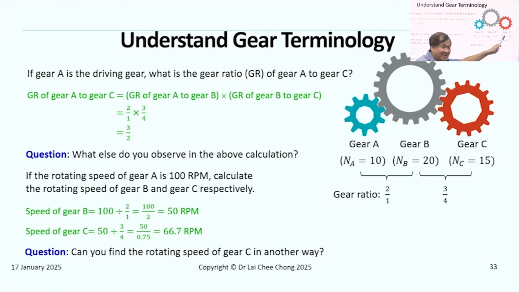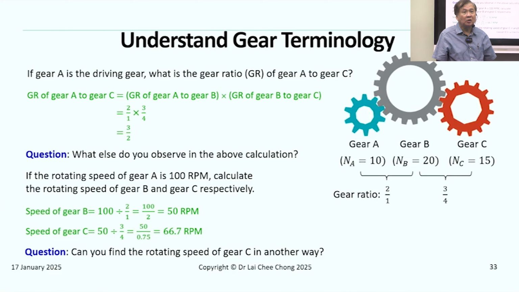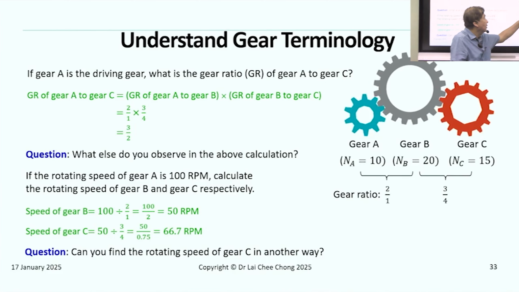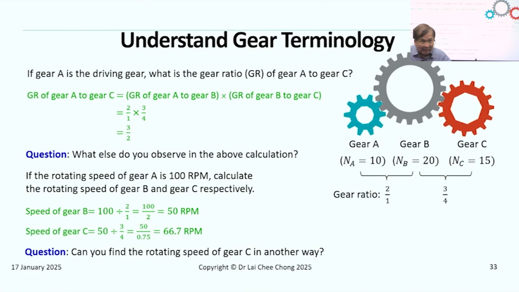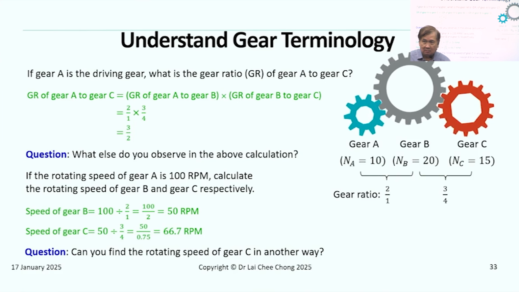So that is one thing that you see, that this gear does not affect the gear ratio between A and C. In other words, I find a shortcut in calculating the gear ratio of two gears which don't interact directly, but interlock via a middle gear.